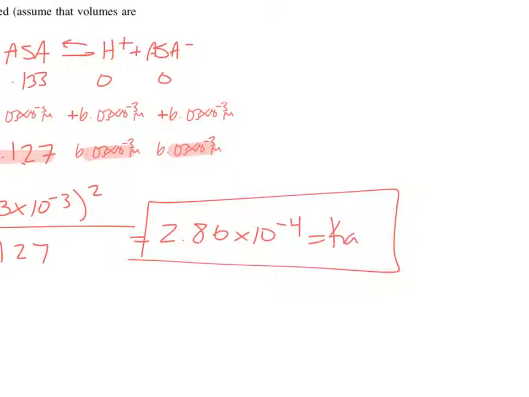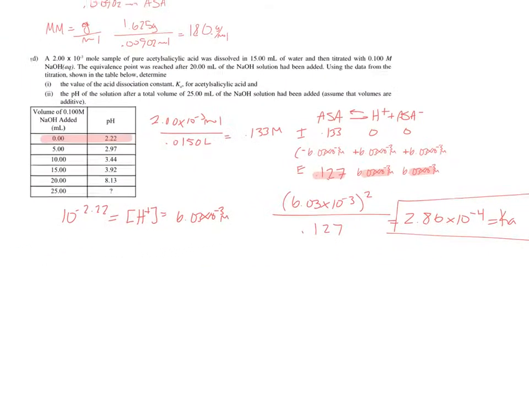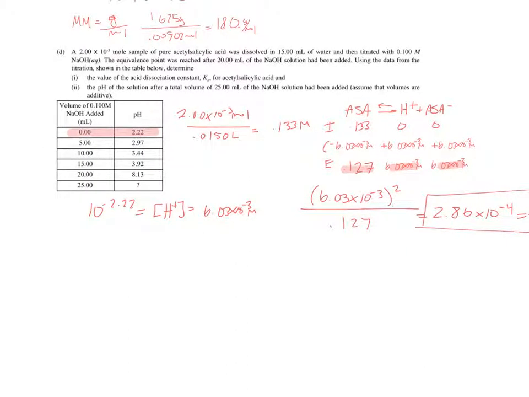So just to review, I used the initial moles and volume to figure out the initial concentration, which is here, and I put that into my ICE table with zeros for the initial concentration of H plus and acetylsalicylic acid conjugate base. Then I used the volume and pH table to figure out the pH at equilibrium before any titrant was added.